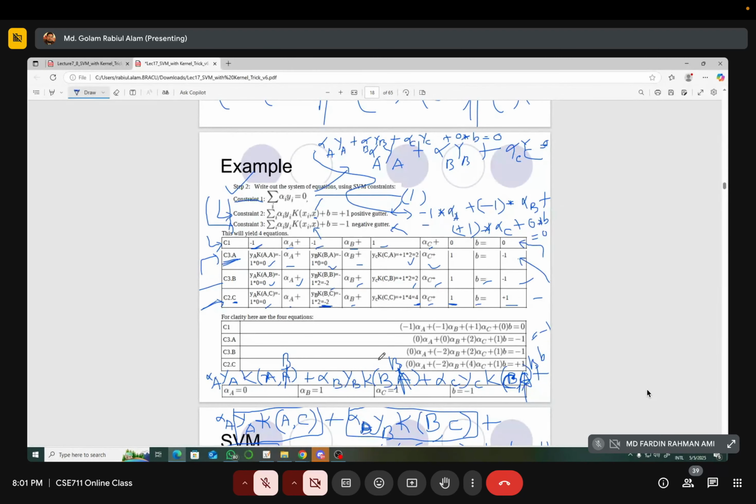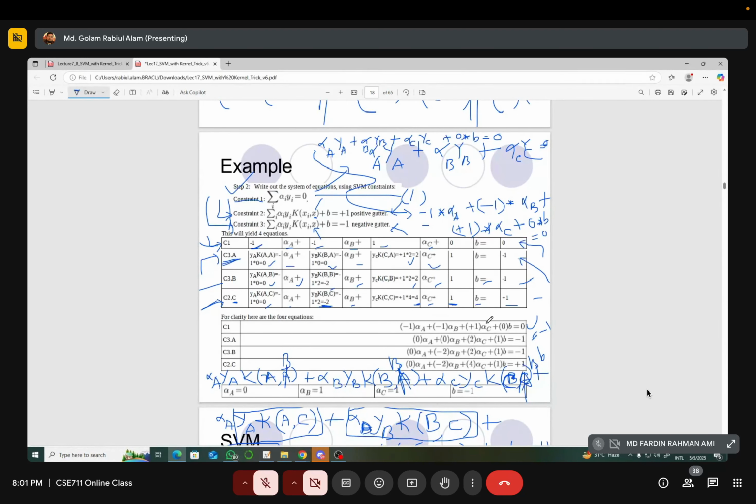So now we got four equations here. This is equation 1. That means negative 1 alpha A plus negative 1 alpha B plus positive 1 alpha C, and then 0 b equal 0.